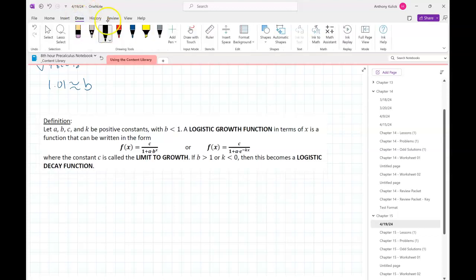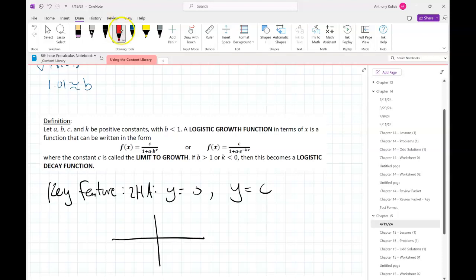The nice thing about these logistic models is that they have two horizontal asymptotes, one at y equals 0 and one at y equals c. So if I think about the graph of one of these things, what it'll look like is that we follow the asymptote, we grow exponentially at the start when the population is low, but then it starts tapering off as the population increases, right?